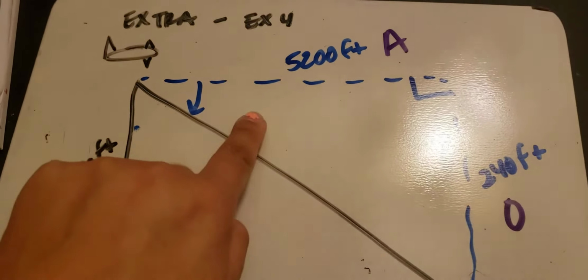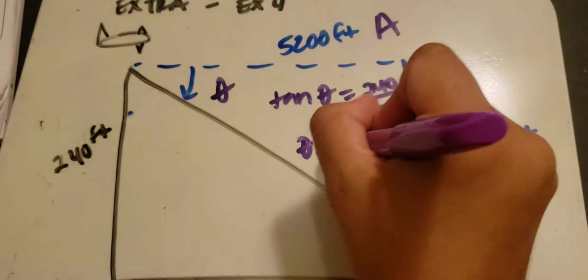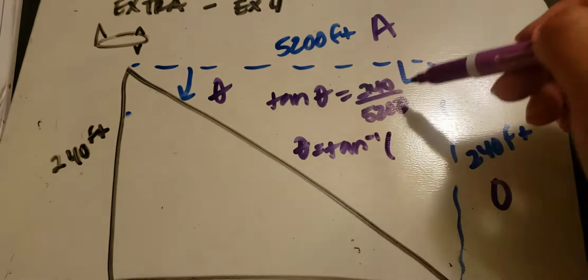You can even call it x, whatever you want, but I'm going to stick to theta. Tangent of theta is opposite, so 240 over 5,200 adjacent. And if I'm solving for the angle, I want to use theta equals tangent inverse. I can simplify this fraction, but I'm not going to this time. I'm just going to put 240 over 5,200.